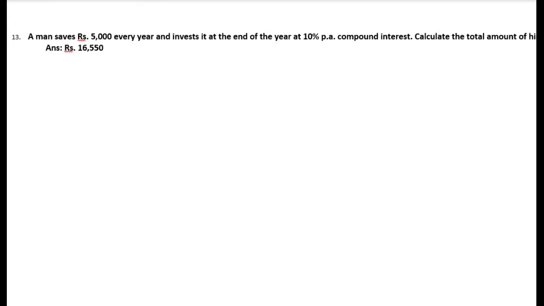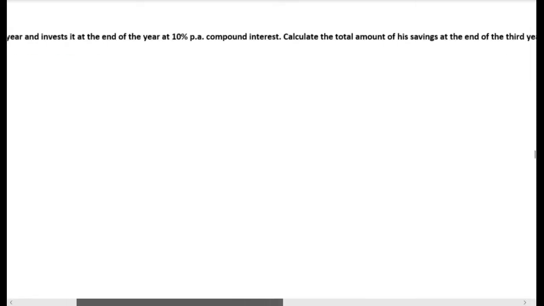In 2019, I will not earn any interest because I have not invested. I am just in the process of saving the money. Invested means to put it in a bank or to give it as a loan. I've not done that till now. Calculate the total amount of his savings at the end of the third year.